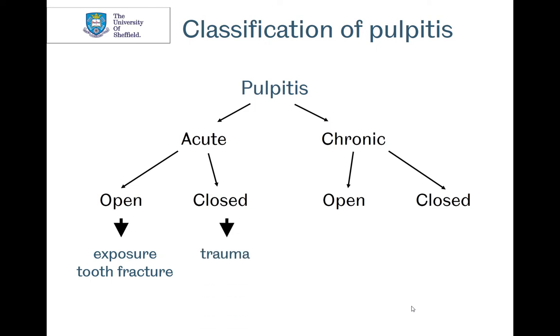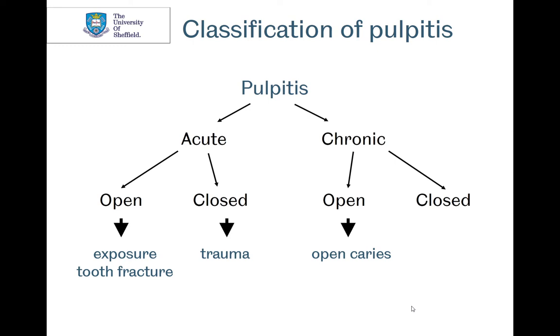What about acute closed pulpitis? Well, sometimes when the tooth gets traumatized, you will get pulpitis, but the pulp itself is not exposed to the oral environment. So an acute closed pulpitis is relatively rare. Chronic pulpitis, on the other hand, is relatively more common.